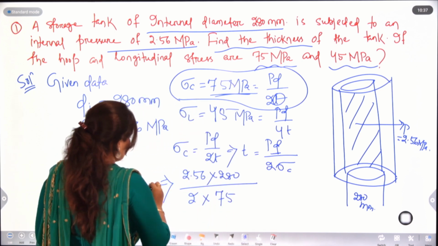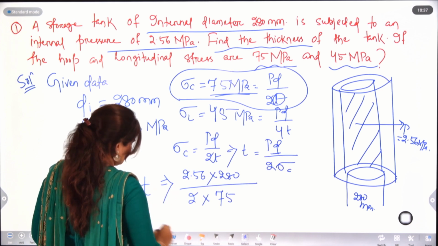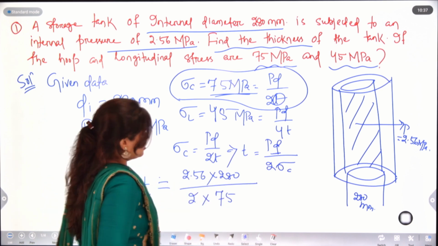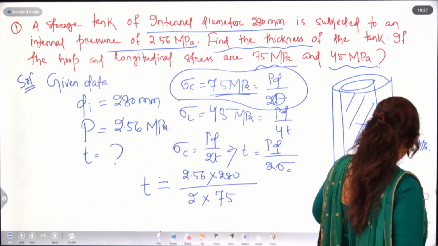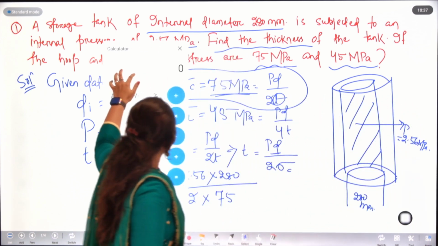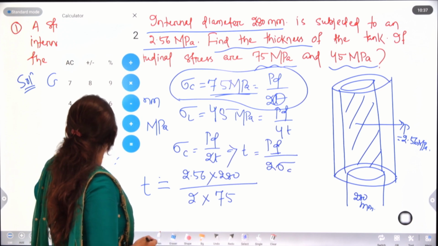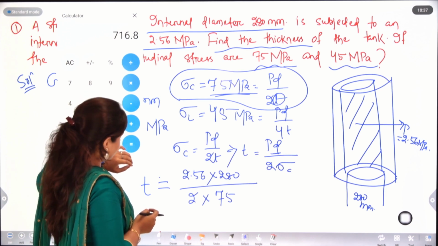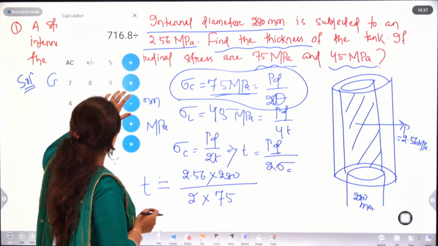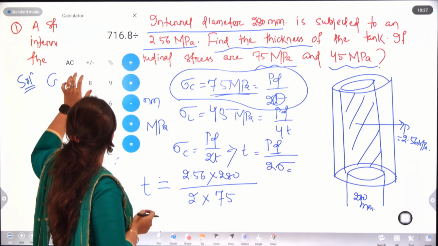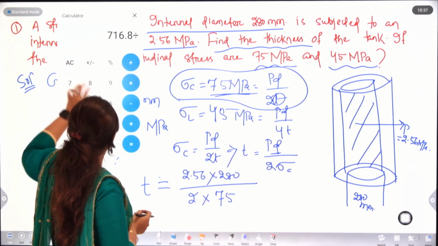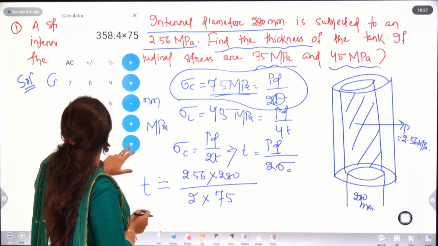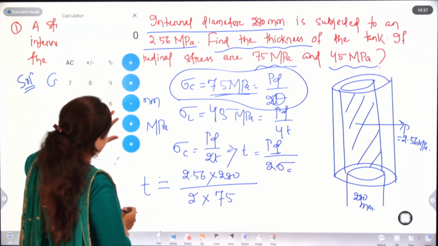So, now we can solve. t equals 2.56 multiplied with 280, divided by 2 into 75.